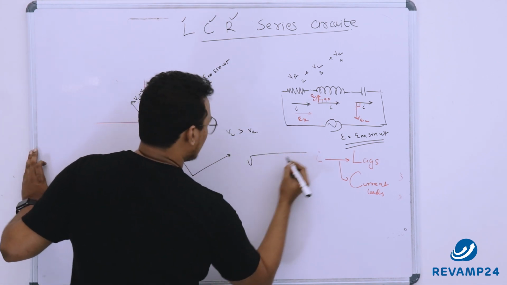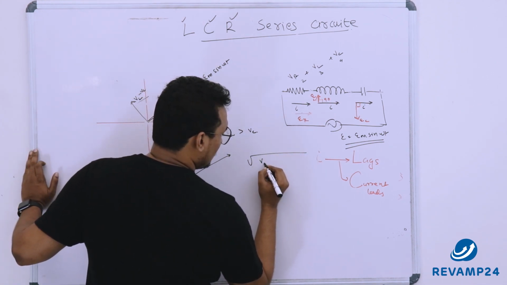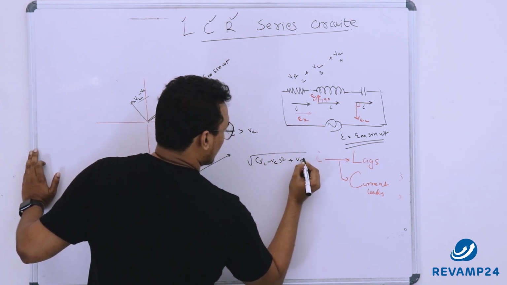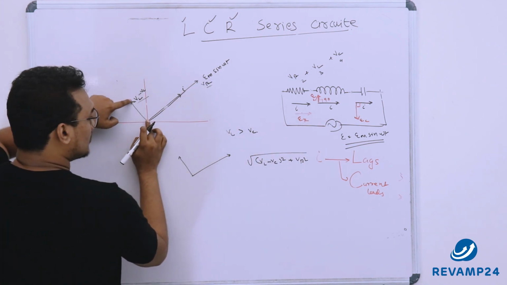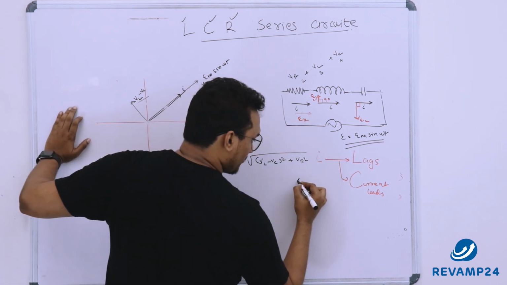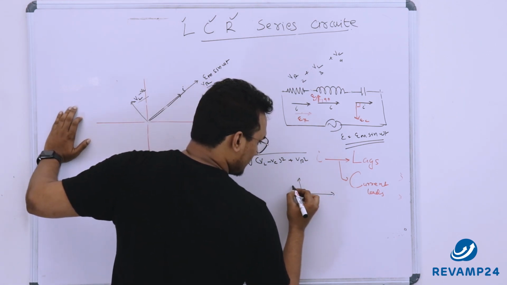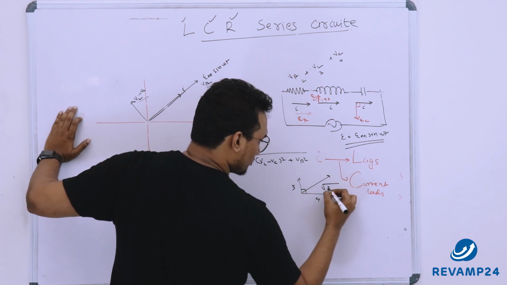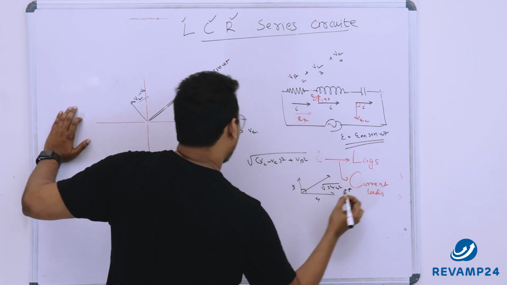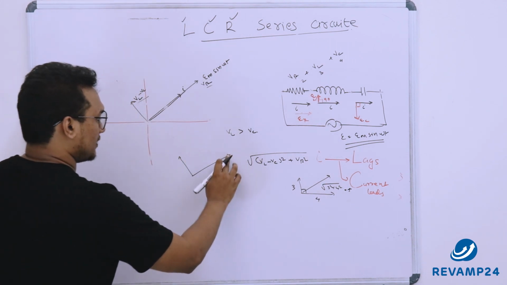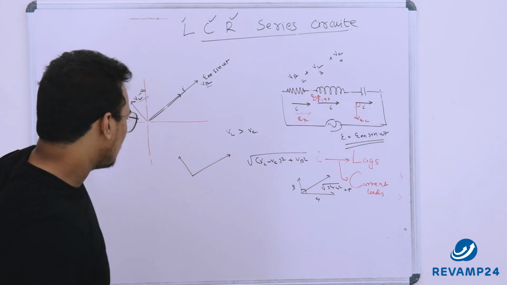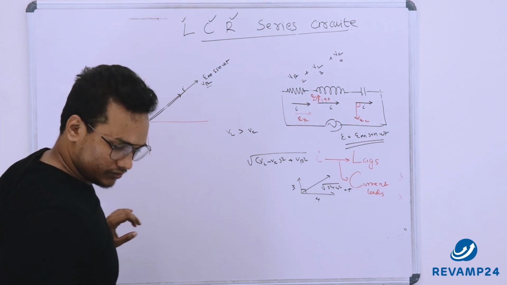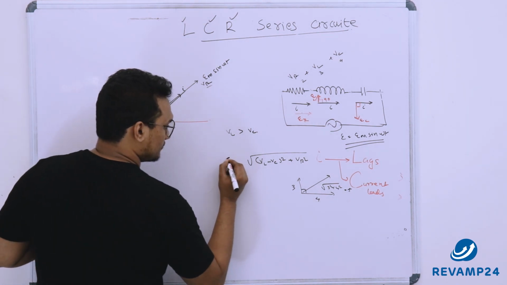Root of VL minus VC the whole square plus VR square, because this is VR and this is VL minus VC and those two are making 90 degree. So if this is 3 and this is 4, then its resultant is root of 3 square plus 4 square, that is 5, right? In that way I could say that the net EMF is equal to this thing.